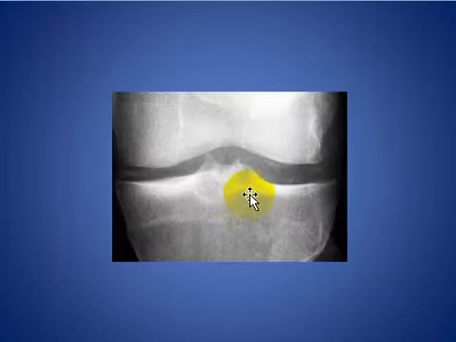Here we see patient with calcification in the meniscus, and the meniscus here, and meniscus here, and also in the hyaline articular cartilage. This patient with chondrocalcinosis due to CPPD.